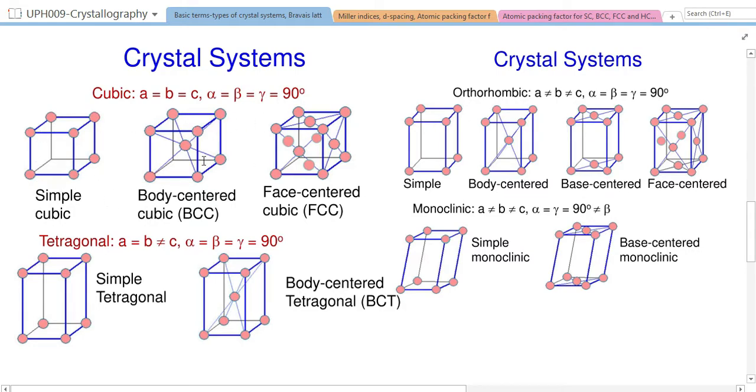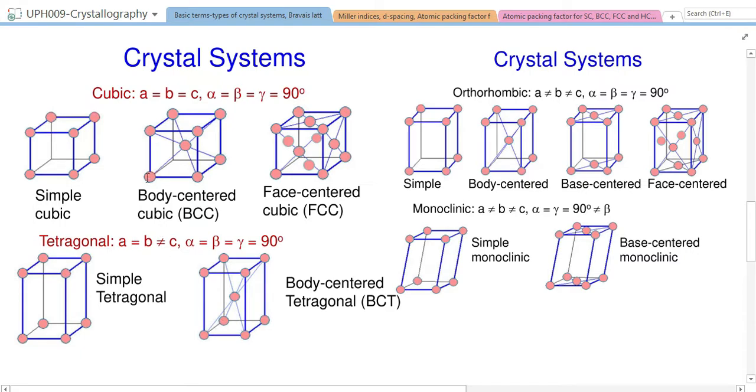We'll come into detail. Then when you have A is equal to B, not equal to C, but alpha, beta, gamma all are equal to 90, then you get another type of unit cell, and that is called tetragonal unit cell.